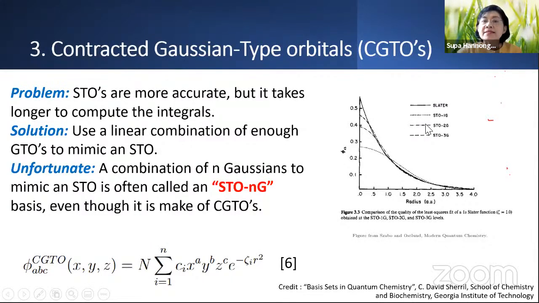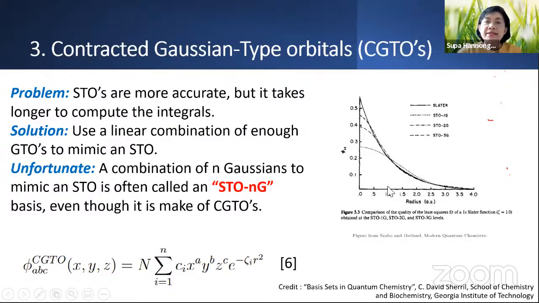Then the next is the STO-3G, the combination of 3 GTOs to represent 1 STO. You can see that now the function is improved to represent close to the nucleus and close to the STO. And again, the falling of the curve is still quite nice.